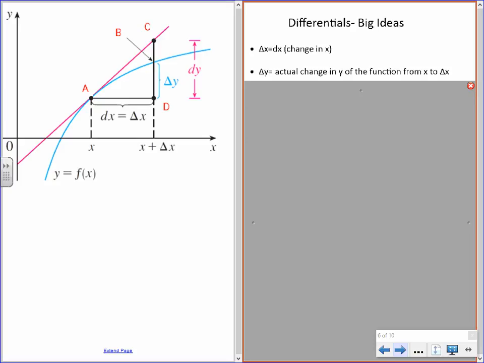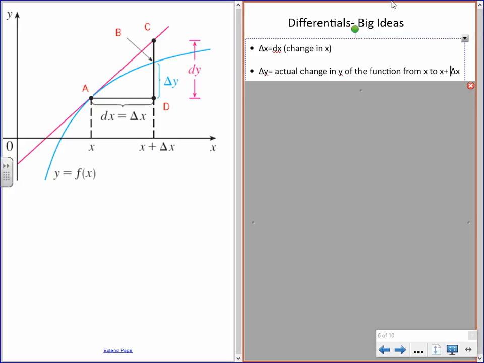If we move delta x from our x value, delta y is the actual change in height. Oh, how did that not get saved? This should be that. From x to x plus delta x. Okay.